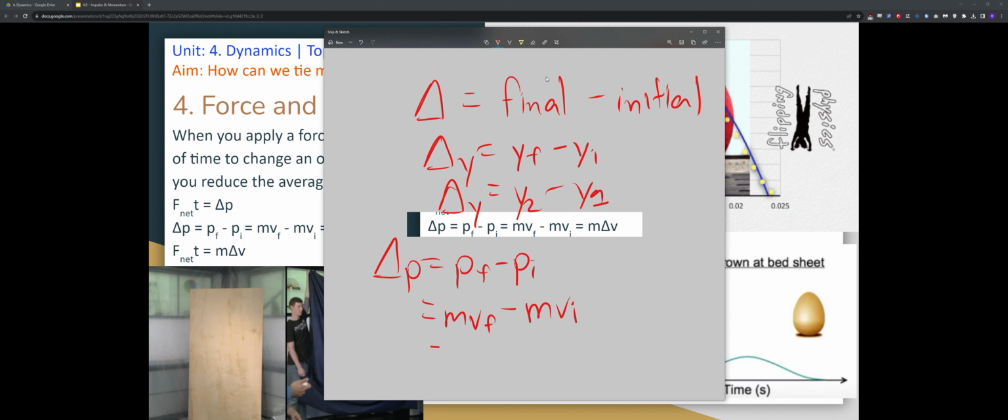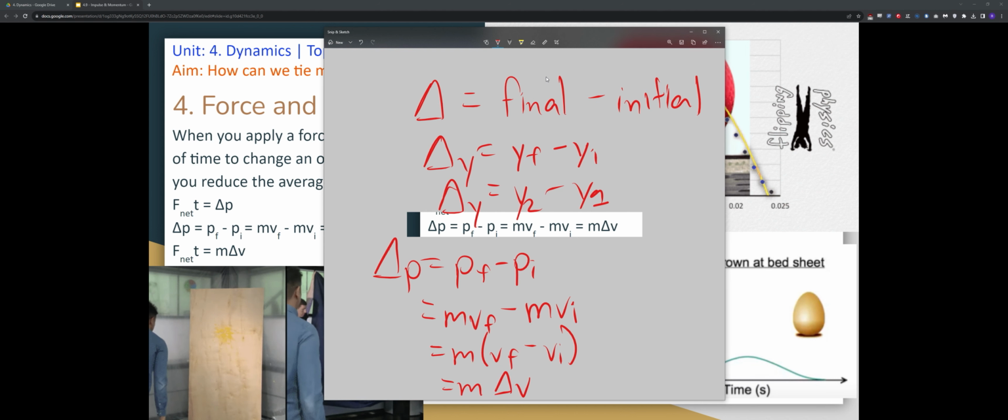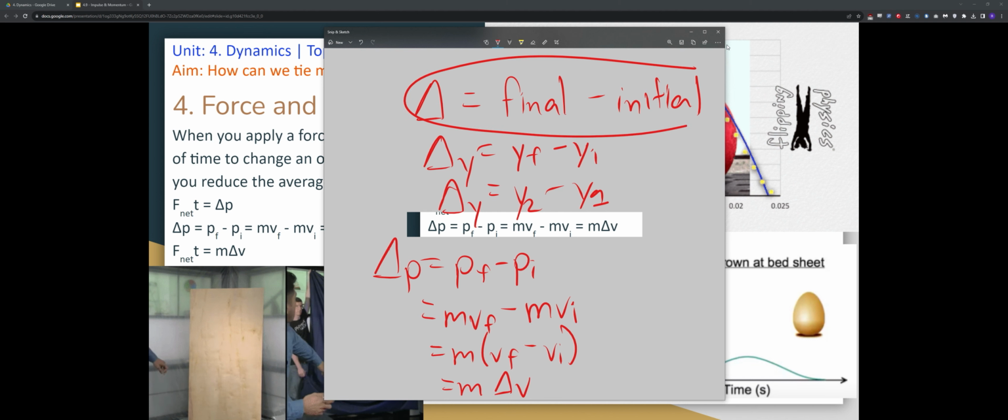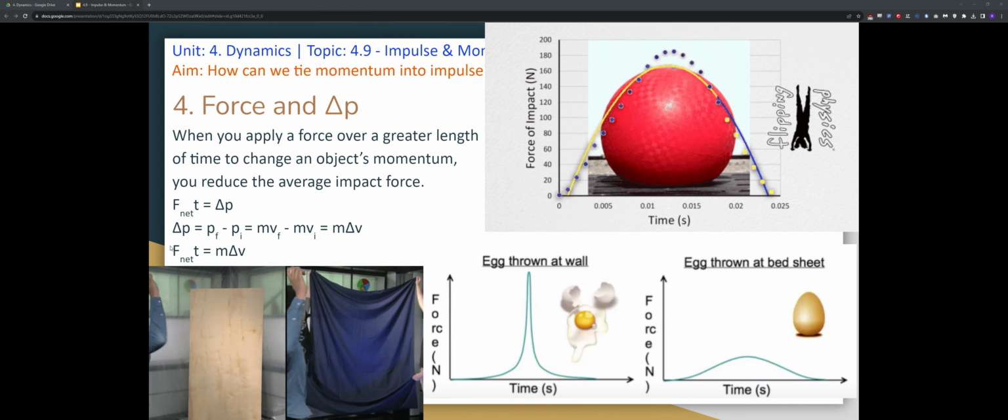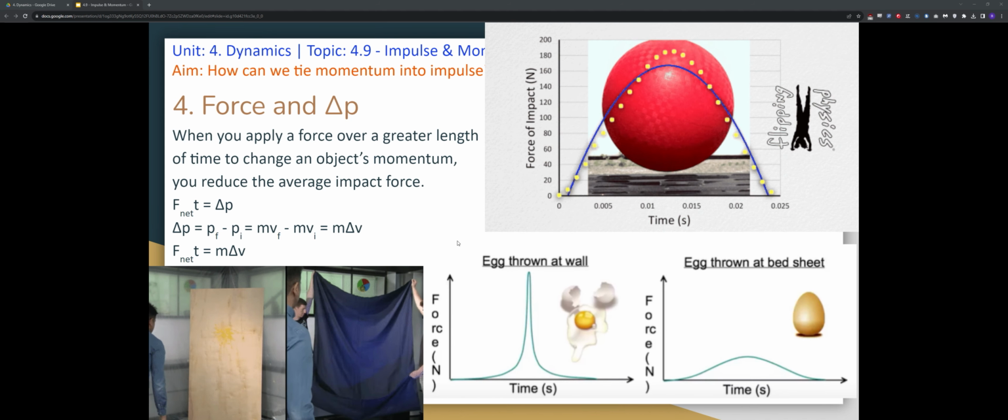What we can do is factor out the mass, so now we have mass times (final velocity minus initial velocity). We can substitute that part as m delta v, because delta means final minus initial. So we come to that identity there, and so I break down the formula as shown in the slide.